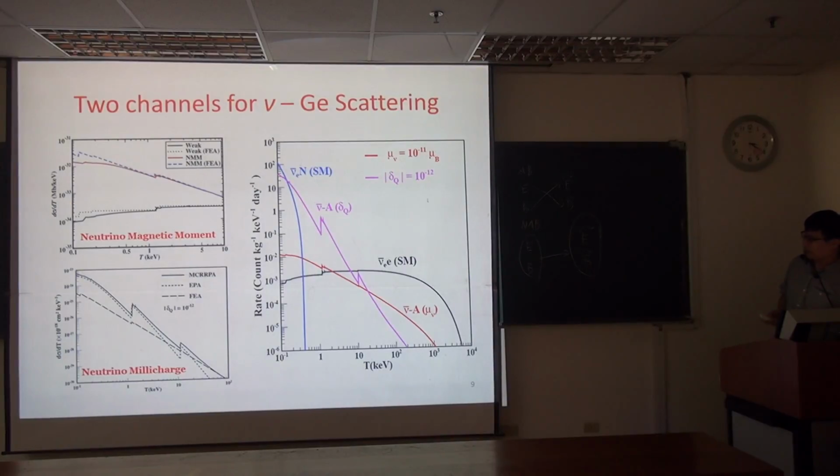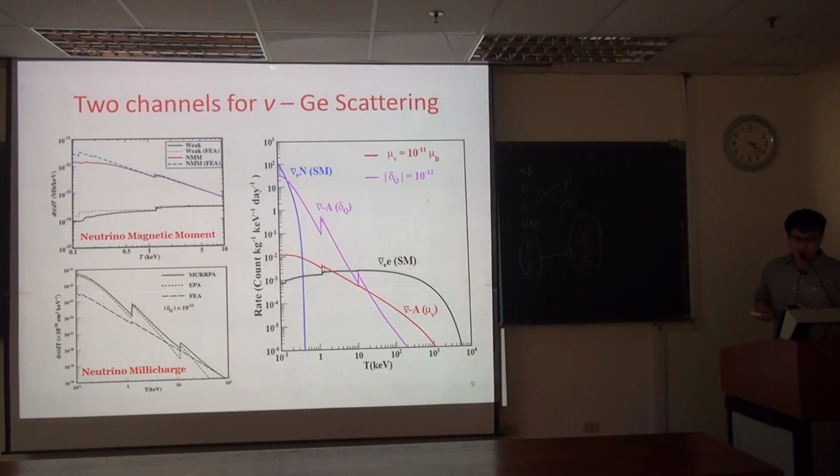So in our published paper, we have shown two results, from the magnetic moment and the millicharge. We can see our result can be compared to two simple approximations. One is called FEA, which means free electron approximation.